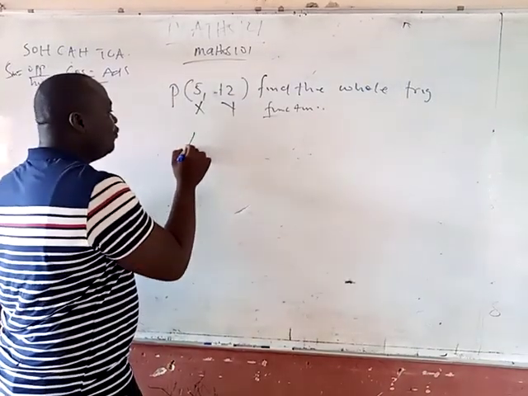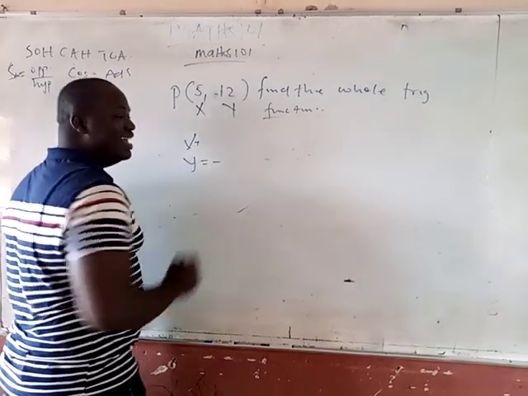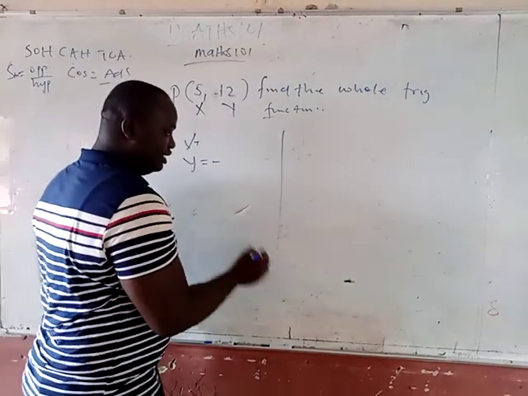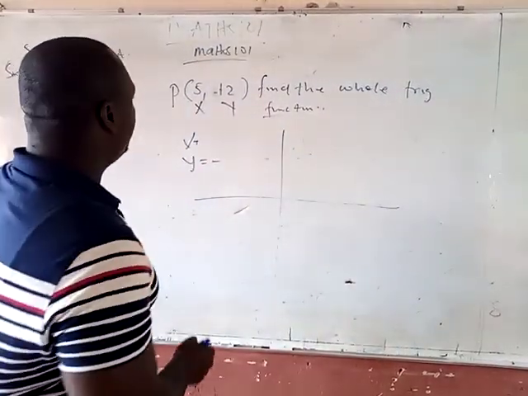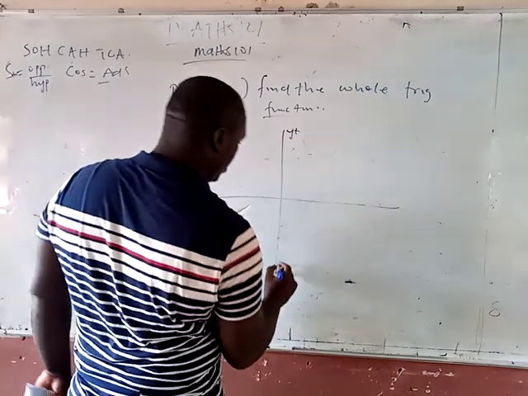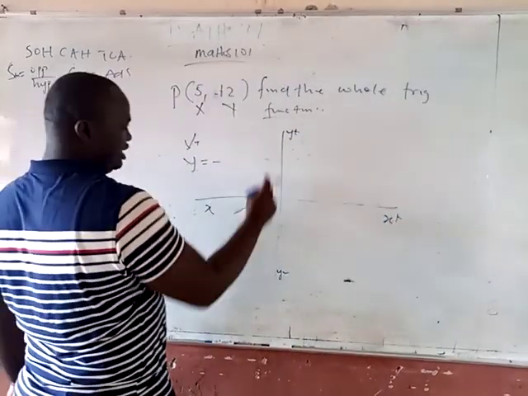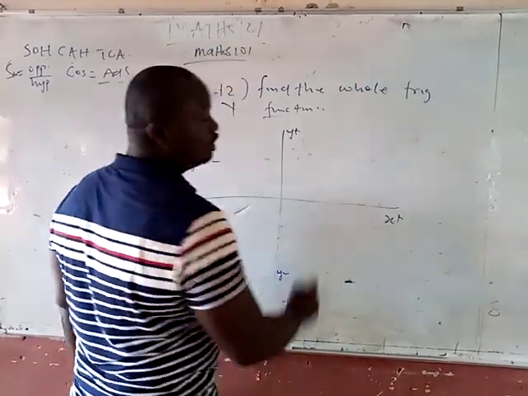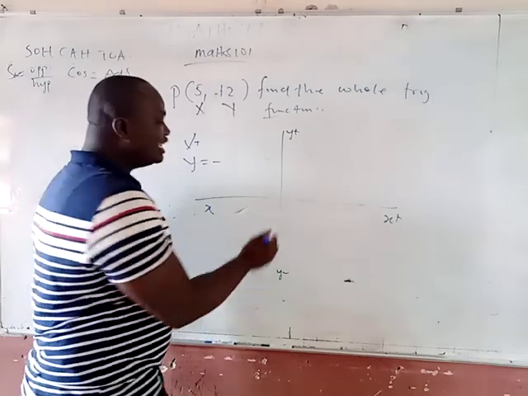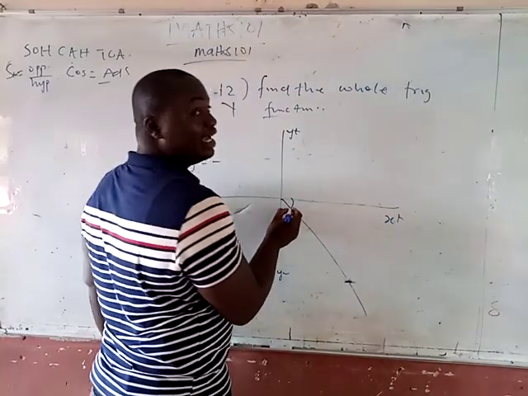So you can say that x is positive, y is negative. You come to your graph. This is so easy. Which place is your y negative and your x positive? Y is negative here and x is positive, so we are in quadrant 4.